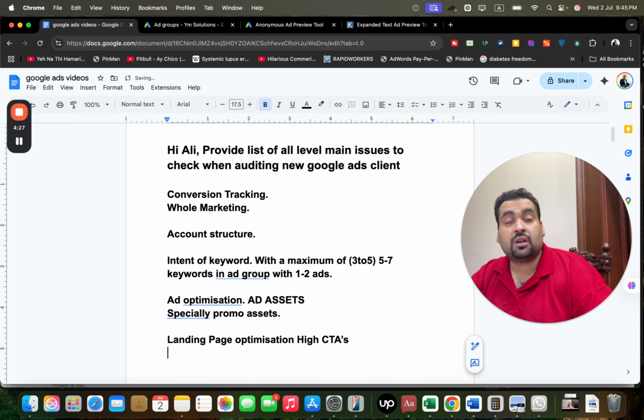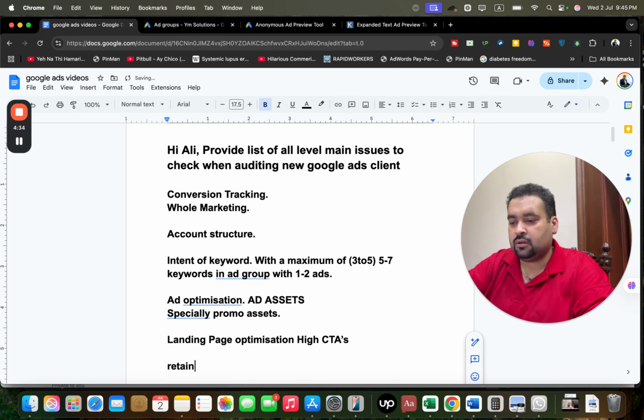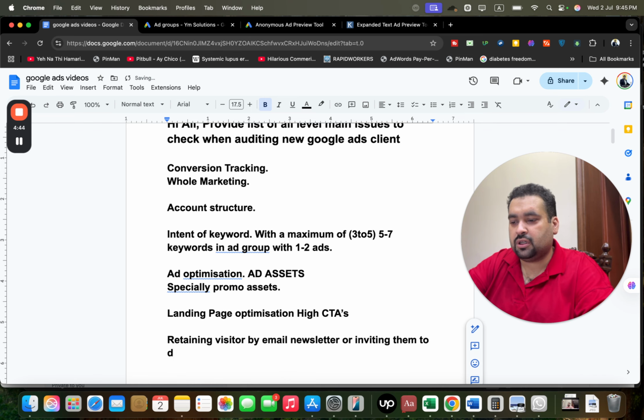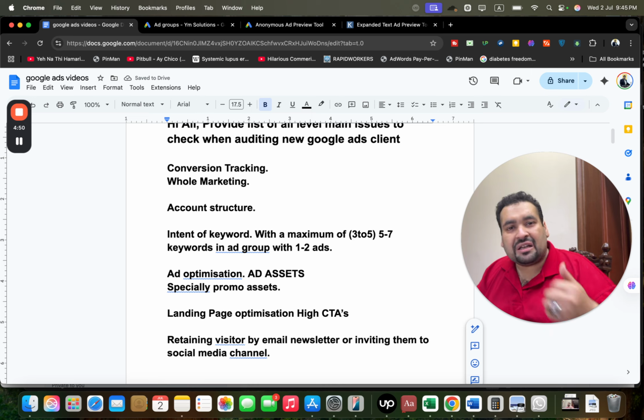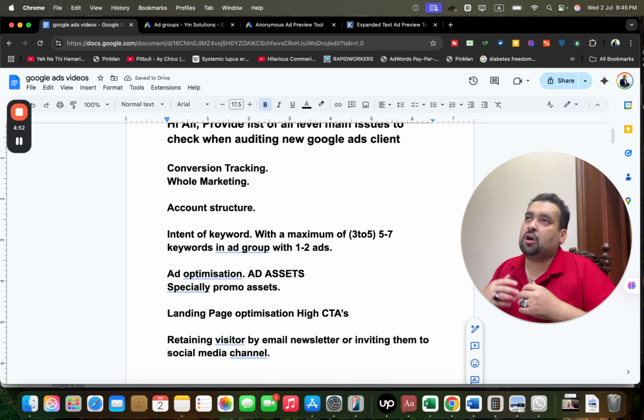I have found this is a common error, a common mistake. Apart from this, I think retaining visitors by subscription, by email newsletter, or inviting them to your social media channels is another thing which could build a connection between you and your visitor, because it takes multiple times for someone to buy a product from you.